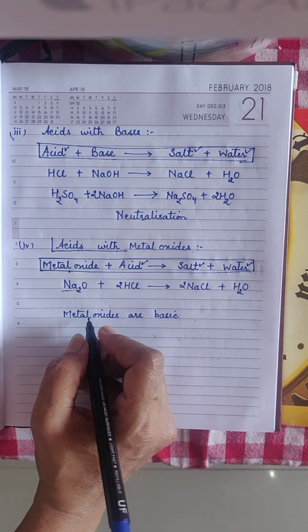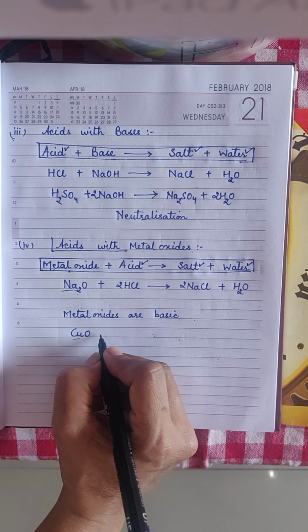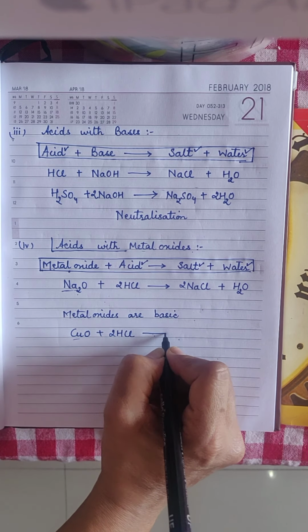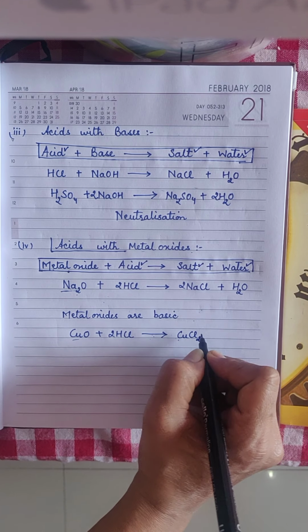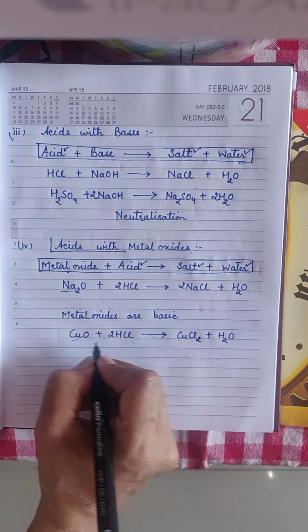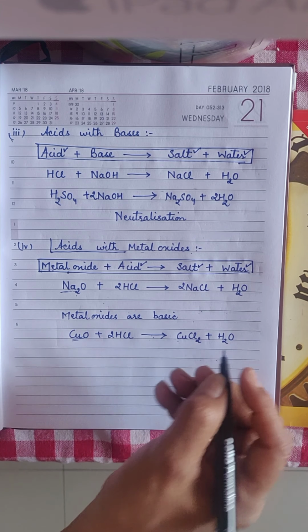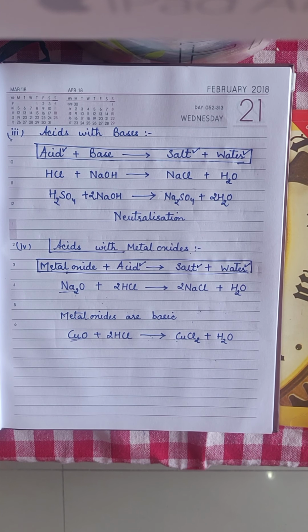For example, if we take the black copper oxide and allow it to react with hydrochloric acid, they will form salt and water. The salt formed will be copper chloride and water will be formed. So copper oxide is a metal oxide, basic oxide it is. Okay, so with this we complete the properties of acids that are in your syllabus. We will now study the properties of base.